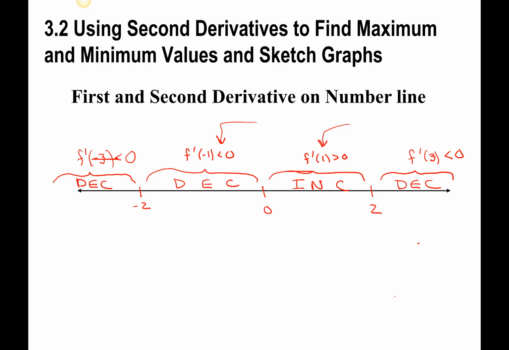Okay, that's about 1.15. Why do I want the 1.15? So I know where these numbers land on the number line. So here, we're going to have something at negative 1.15 and something at positive 1.15. We're interested in what the second derivative is doing on each of these 3 intervals.